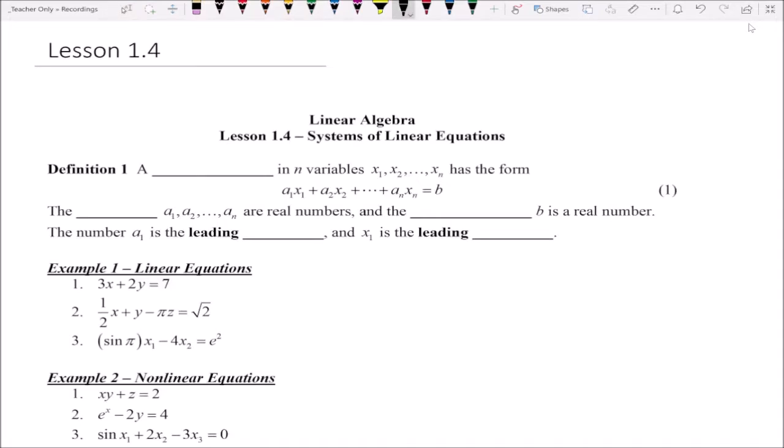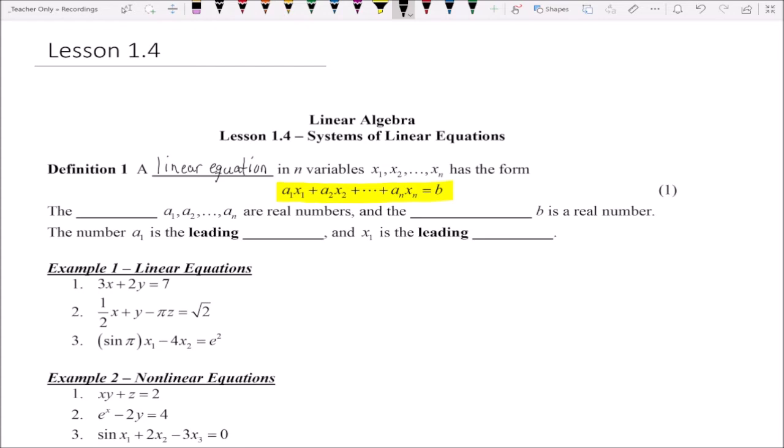Okay, so a linear equation in n variables labeled x1, x2, so on and so forth, xn, has this form: a1 x1 plus a2 x2 plus so on and so forth plus an xn is equal to b.